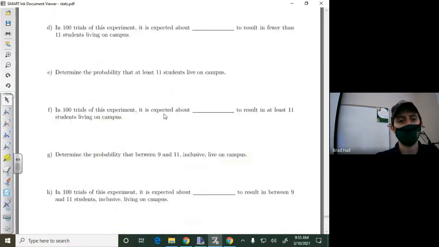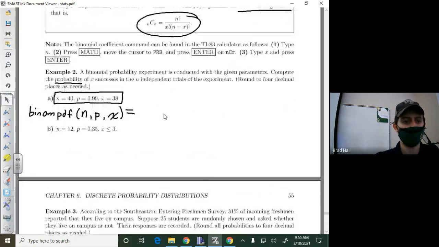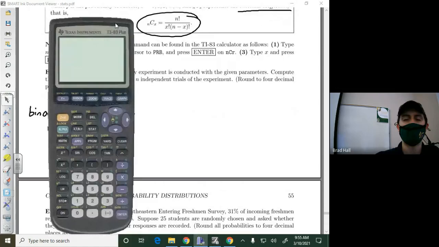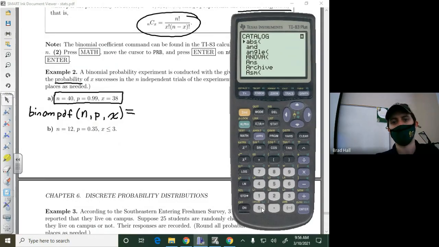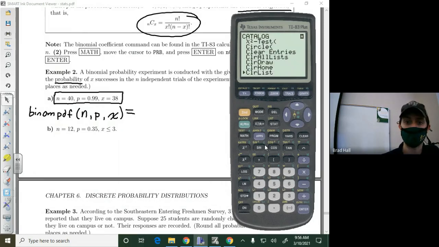So what we're going to do is you have your calculator, and this should work on any calculator. So press second and 0 down here. That'll bring up the catalog. Press second and 0. And from here, you want to scroll all the way down to where you find Binom PDF.